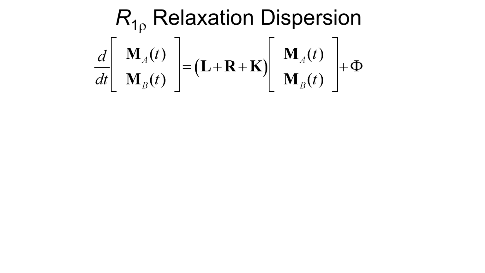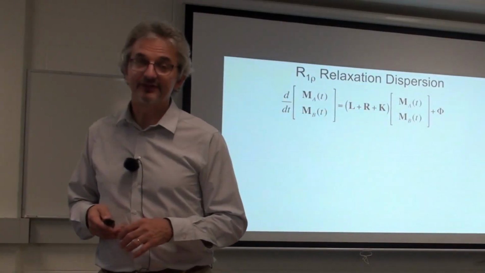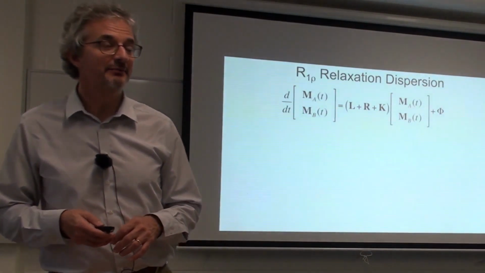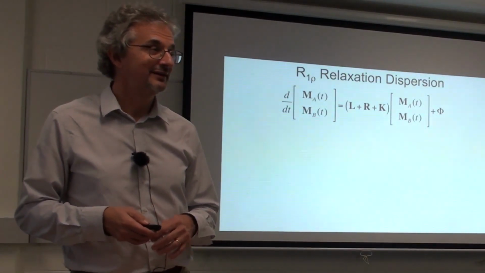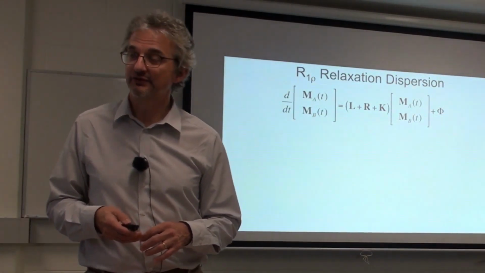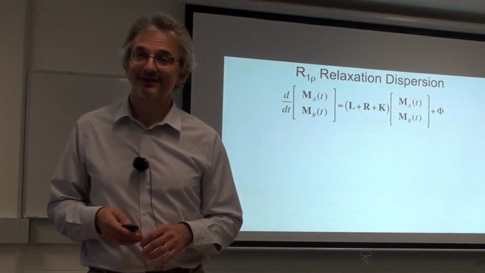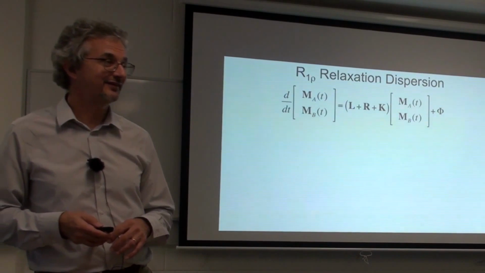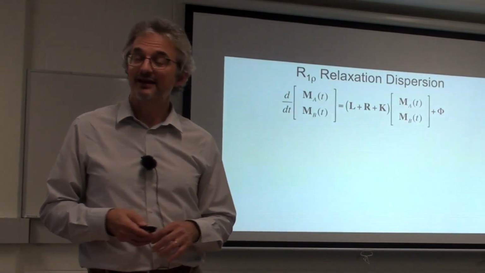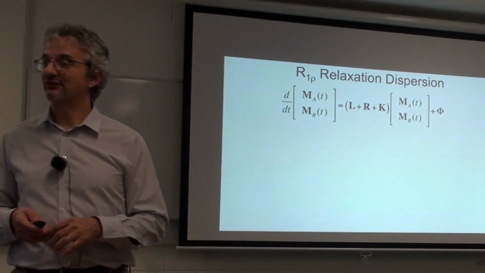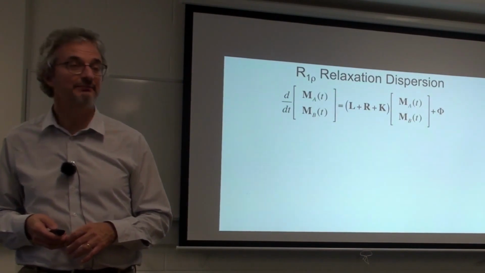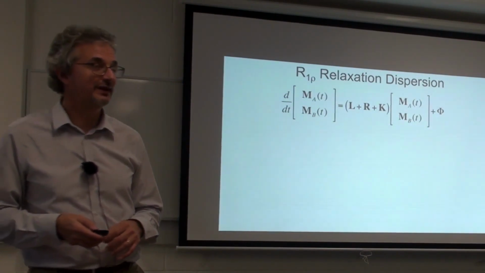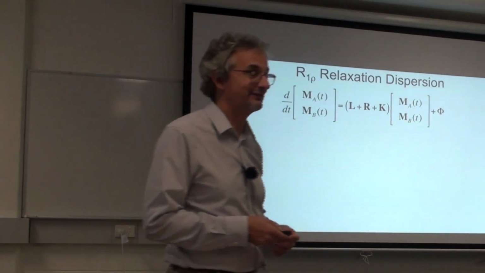So if we had two states for transverse magnetization in the absence of a B1 field, our rate matrix had a dimension of 2 by 2. But now for two states, once we turn on the B1 field, our rate matrix is going to be dimension 6 by 6, because the Bloch equation in general is a 3 by 3, and now we're jumping between two states, so we end up with a 6 by 6 matrix.